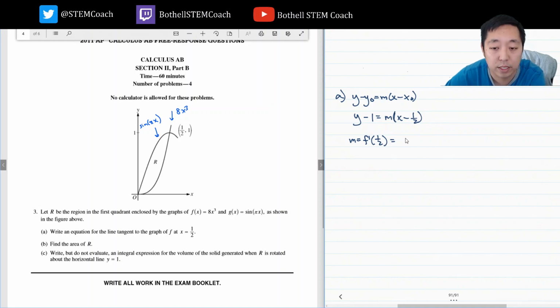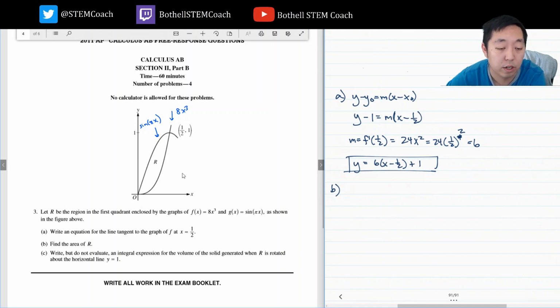So the derivative is 24x squared. When I plug in 1/2, 24 times 1/2 squared, that's 1/4 times 24, which is equal to 6. So my equation is y is equal to 6 times x minus 1/2, plus 1. And I'll just leave it in that form. That's fine.